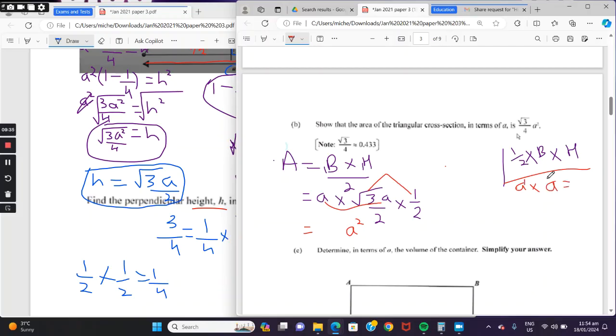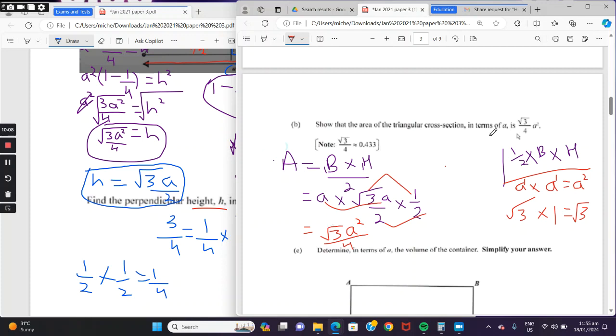A by a, both of them have a power of 1. So when you are multiplying the same base, you add the powers. 1 and 1 is 2. The root of 3 by 1, anything multiplied by 1 doesn't change. Therefore, you will end up with the same root 3. So you can put the root 3 in the front. And 2 by 2 is 4.